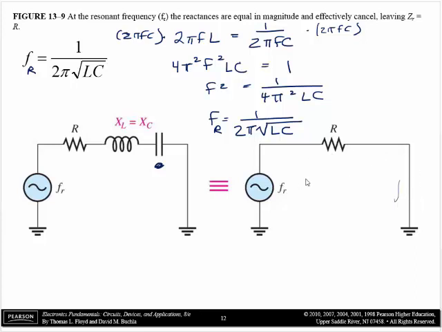And so you get the maximum current at this point. At any other frequency, you have ohms added from XL and ohms added from XC, and the current will be even less in the circuit. So this is a condition of maximum current in this circuit.